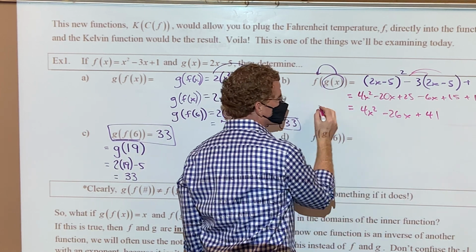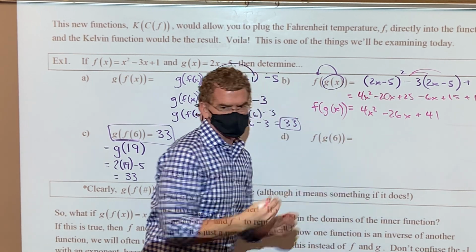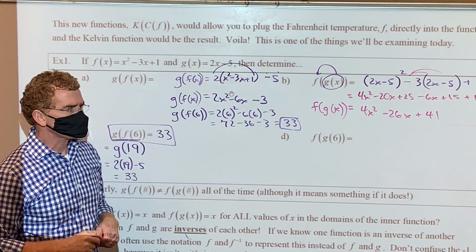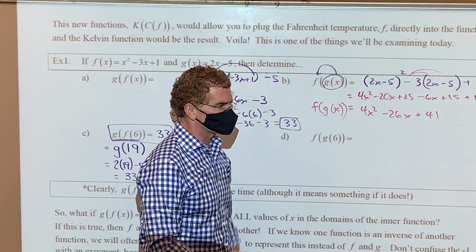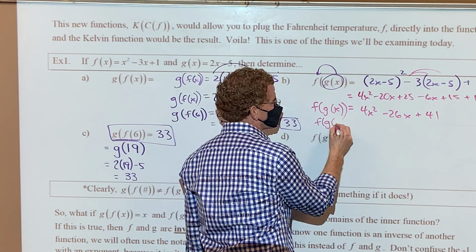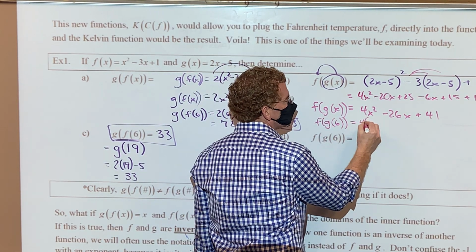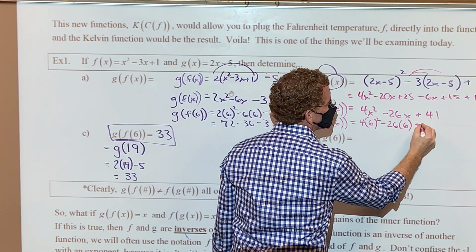And do I try to factor that? No, because this is my new function that allows me to go straight from plugging a 6 in to the final answer. If I wanted to find f of g of 6 and I had that function, great. It allows me to go straight there.